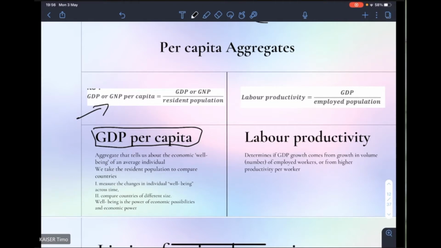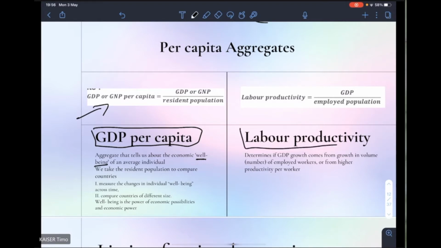However, well-being is such a widely defined word that you have to predefine what well-being is, and we will look at it afterwards a little bit more in depth when we look at the limitations of national accounting, that well-being is a very critical, delicate term to use in this matter. However, that's the main use of GDP per capita.